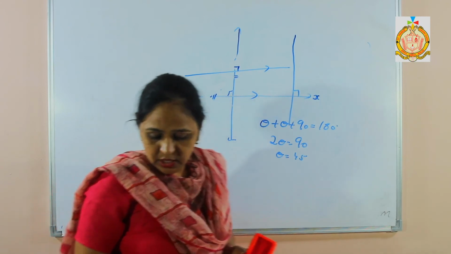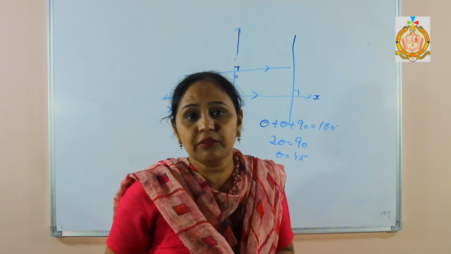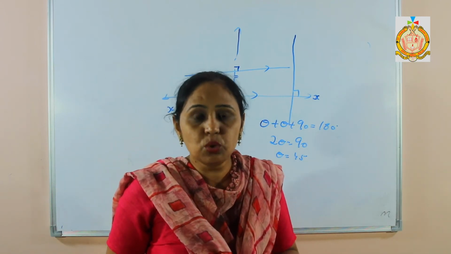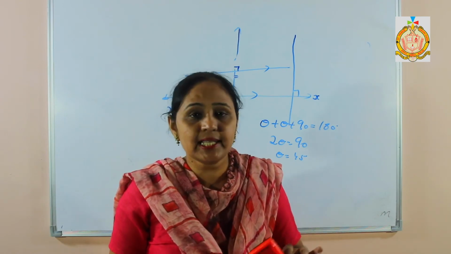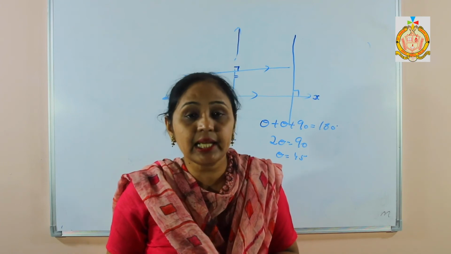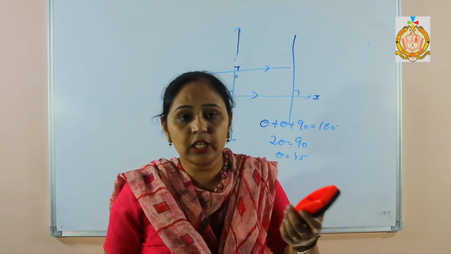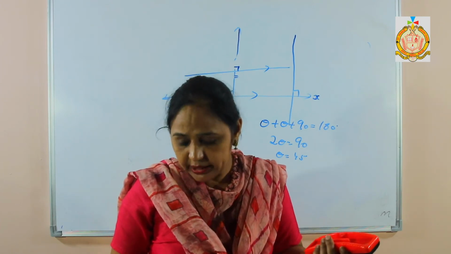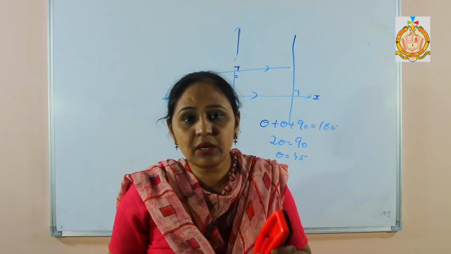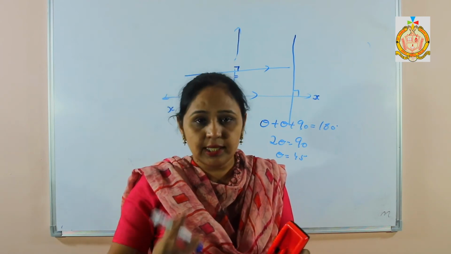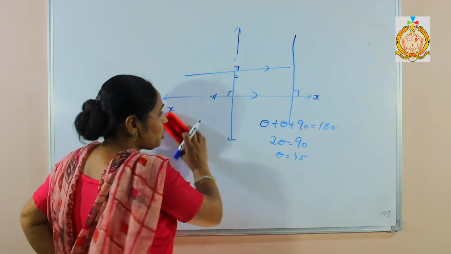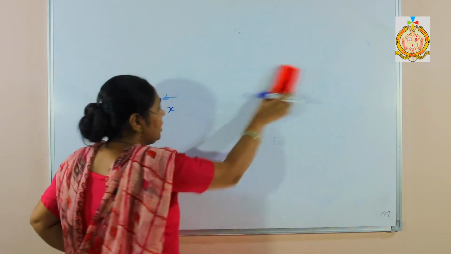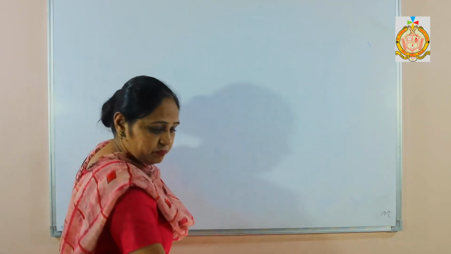In the next part, two angles are given and I want to find the slope. Slope means tan theta. Now the value for 0 is tan 0 equals 0, next tan 30 is 1 upon square root 3, then tan 45 is 1, then 60. Now I make a table here, so please see how to prepare that table, because if you are able to draw that table, then it is very easy.